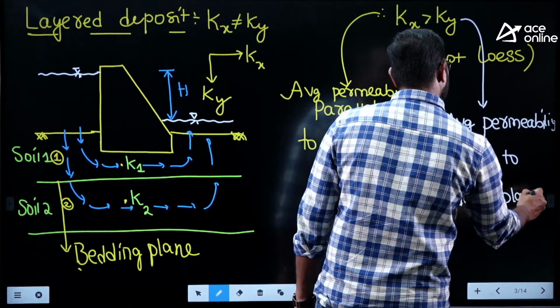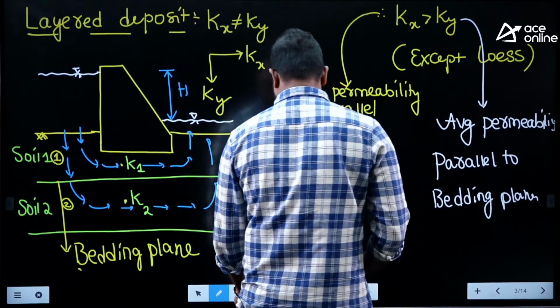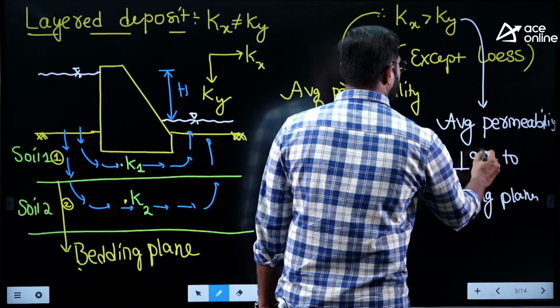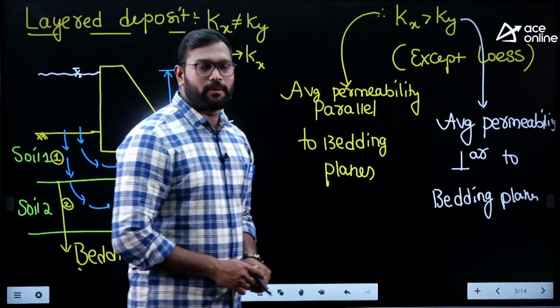And this Ky represents the average permeability perpendicular to the bedding planes. And in these two, the most important one is the perpendicular to the bedding planes. Let me see with the perpendicular bedding planes.